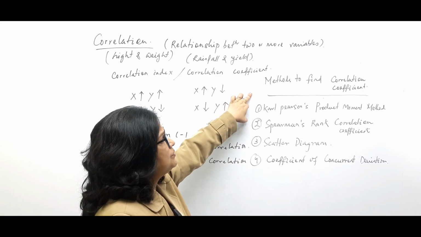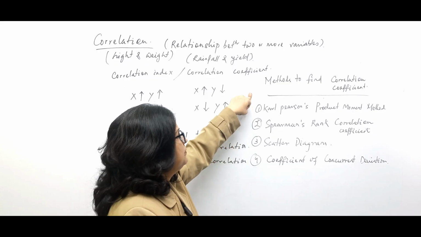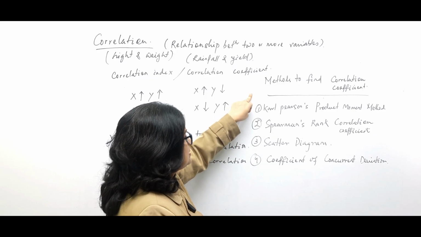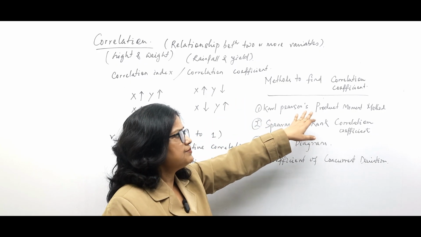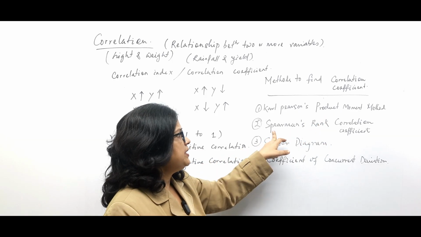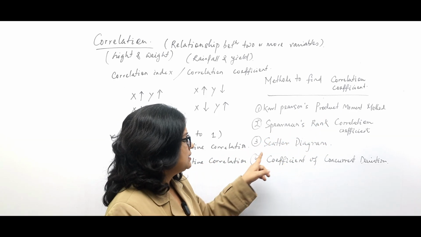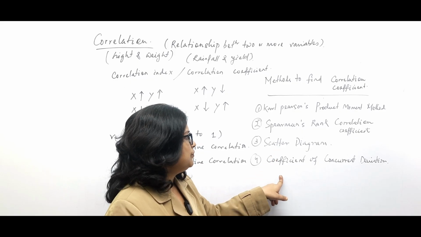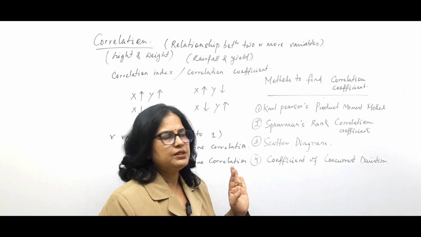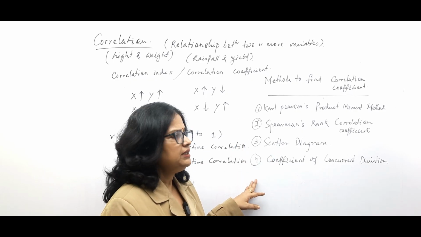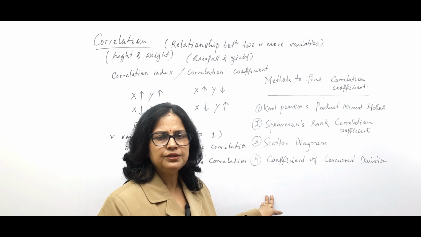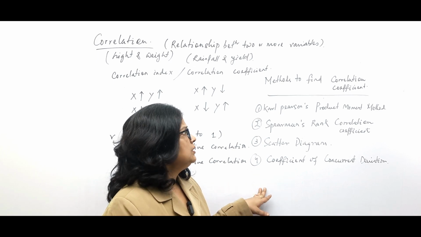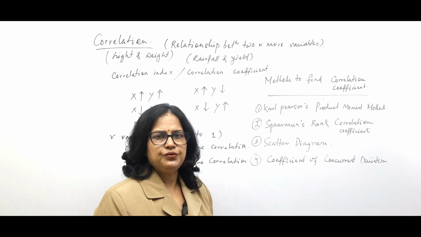What are the methods to find the correlation? Some methods are Karl Pearson's product moment method, Spearman's rank correlation method, scatter diagram, and coefficient of concurrent deviation. These are the methods normally discussed to find the correlation coefficient.